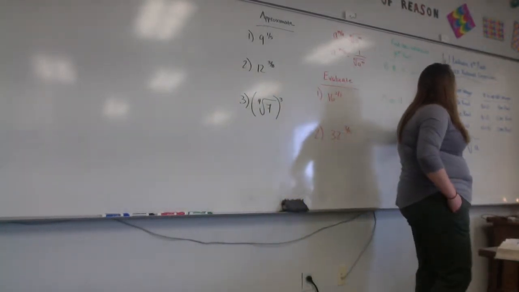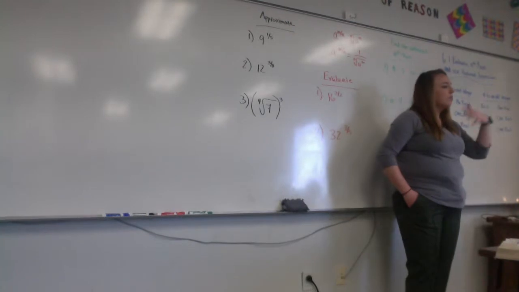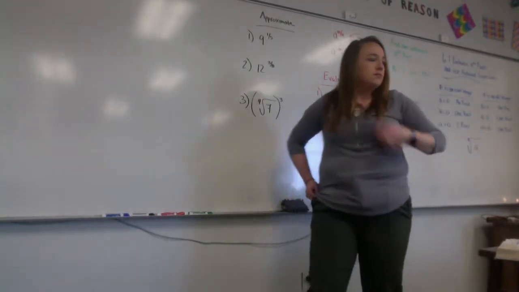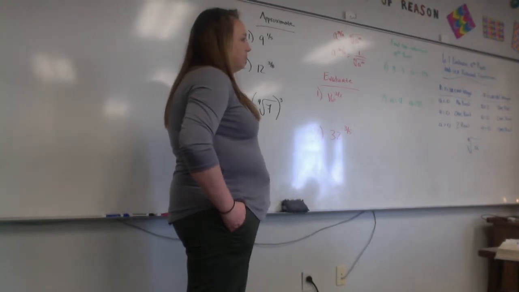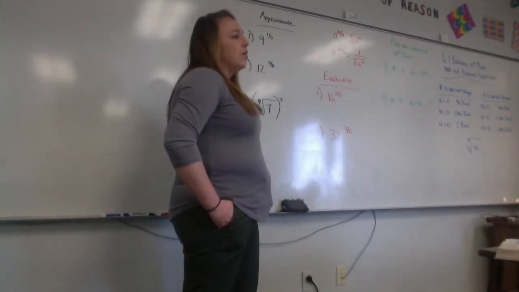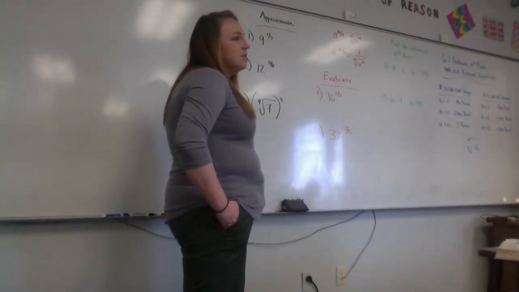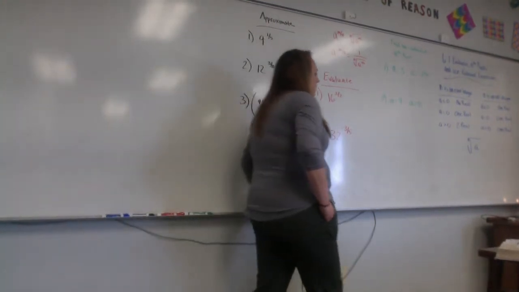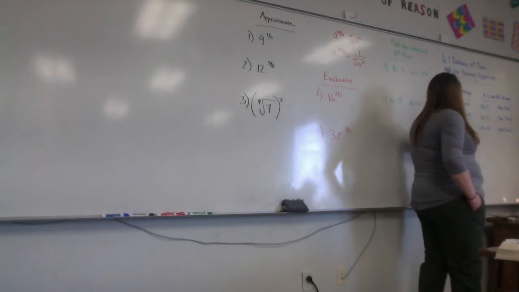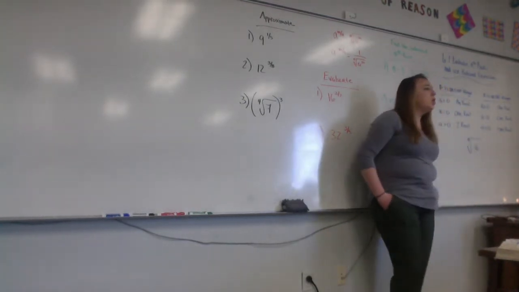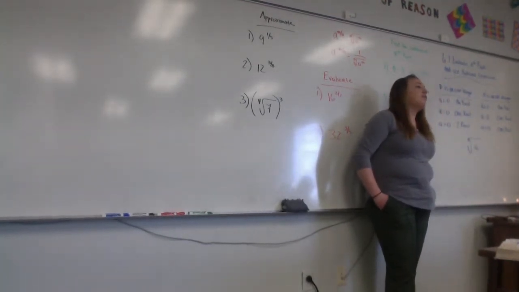If a equals 0, there's one solution because any root of 0 is 0. If I take the 12th root of 0, I get 0. If I take the square root of 0, I get 0. Doesn't matter what it is. If a is greater than 0, I get 2 real solutions. So if I'm taking the square root of 4, I have plus or minus 2 as my answer.